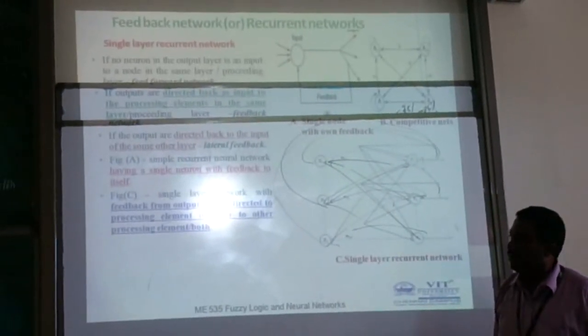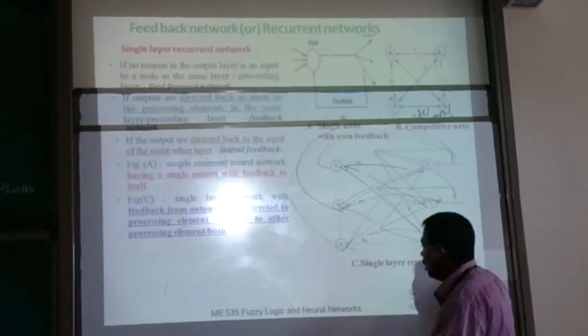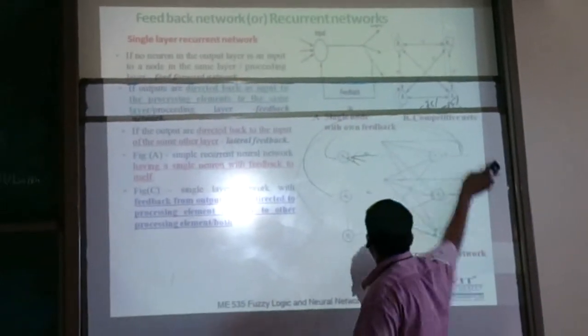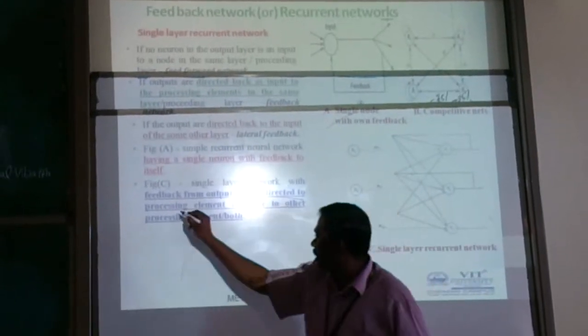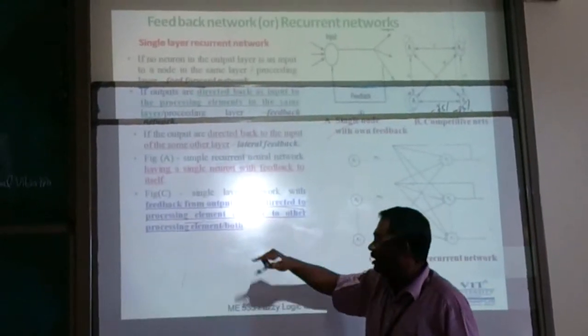That is called a single layer network, where the feedback is conducted to all the processing elements, to all the neurons.